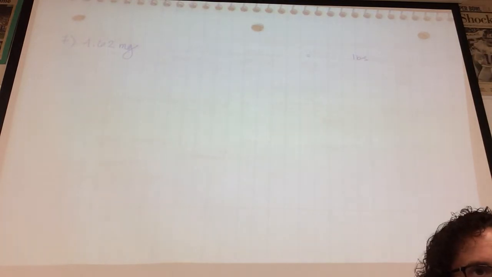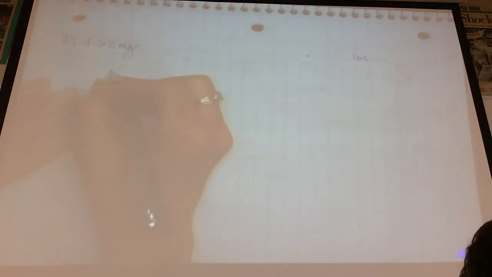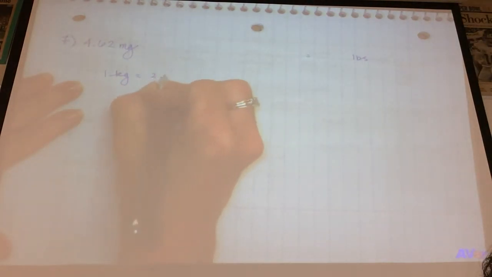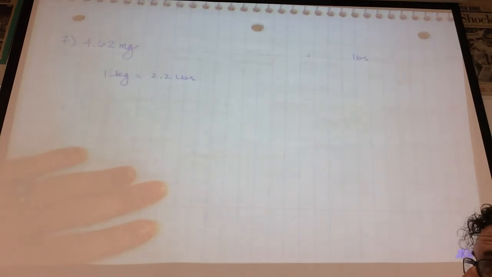On your equality list, do you see milligrams to pounds? No. Do you see pounds to something? You see pounds to kilograms, right? Let's try that. So we know that 1 kilogram is 2.2 pounds.